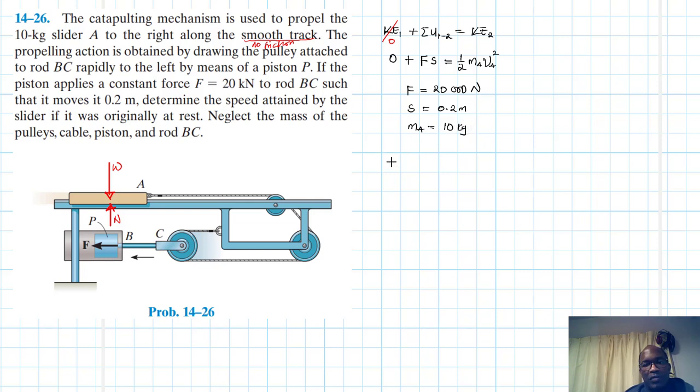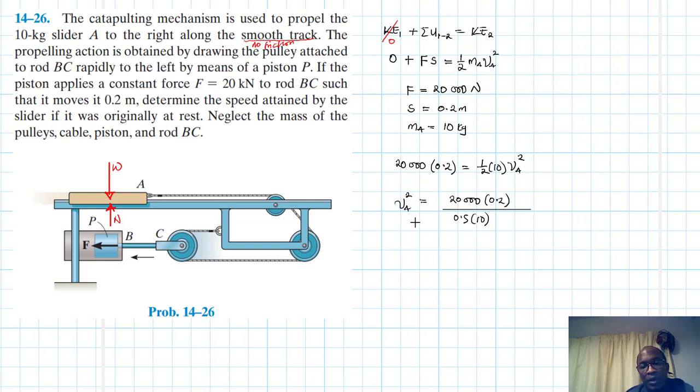Then plugging in everything, we'll have 20,000 newtons times 0.2 equal to half times 10 times v_A squared, and this is just going to be equal to 20,000 times 0.2, then divided by that.